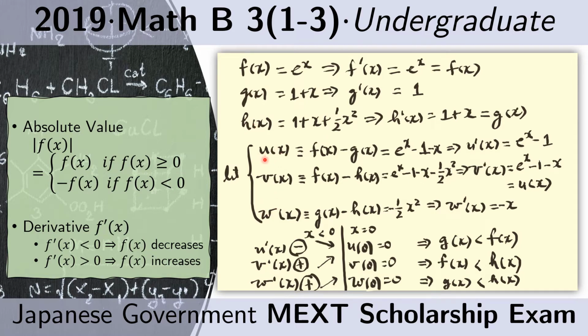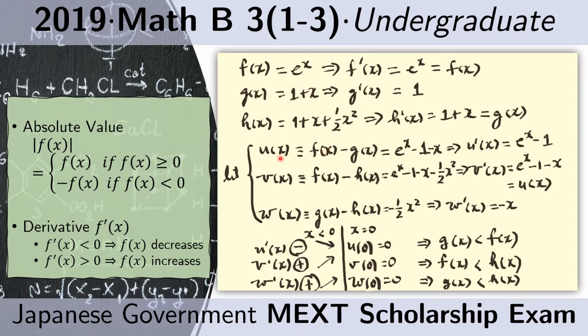We define a function u of x to be the difference between f and g, v of x the difference between f and h, and w of x the difference between g and h. And then we just substitute the values for each of them.